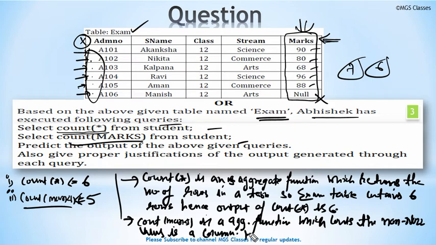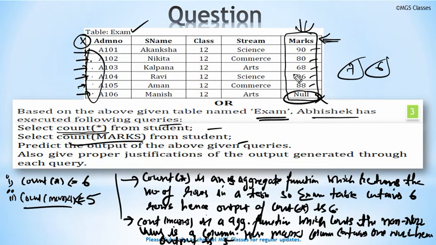So here the marks column contains one null value, hence the output is 5, because here one value is null. So among the total number of rows, 6, one null value is there, so 5 will be the output for this query. So this way you can justify your answer very easily.